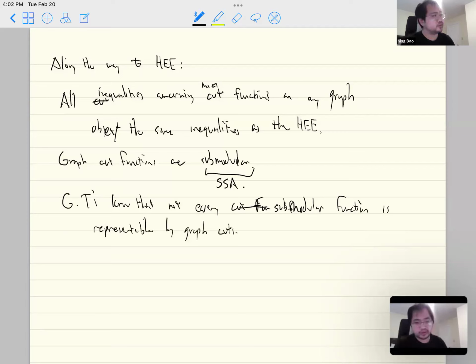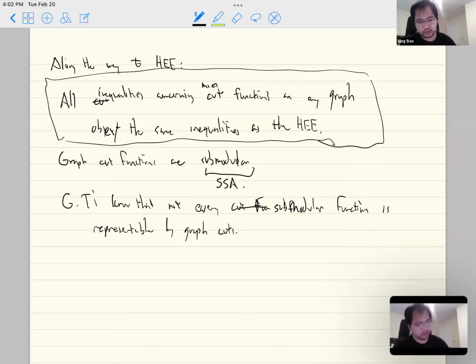And they have counterexamples as to why, but as far as I can tell in their literature, they don't know the reason why. And the reason why we found accidentally: it's because the reason why not every submodular function can be represented by graph cuts is because there are additional inequalities that all graph cuts must obey.